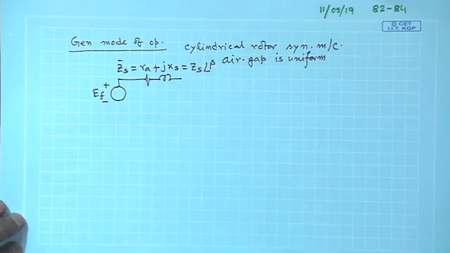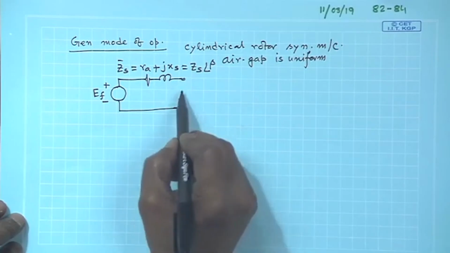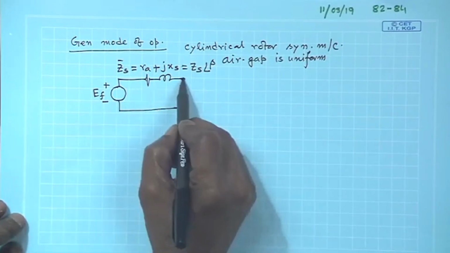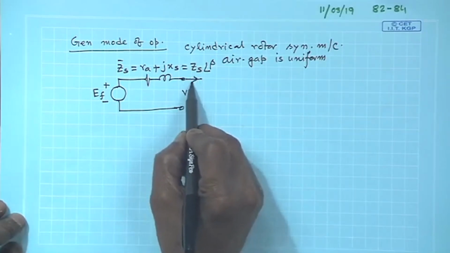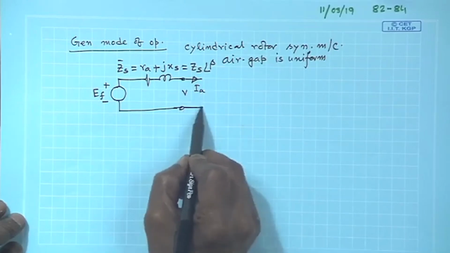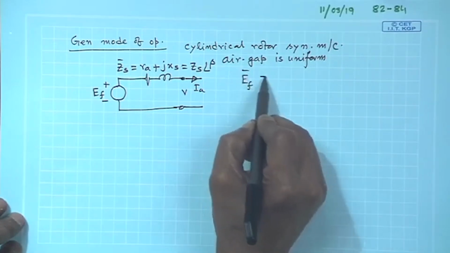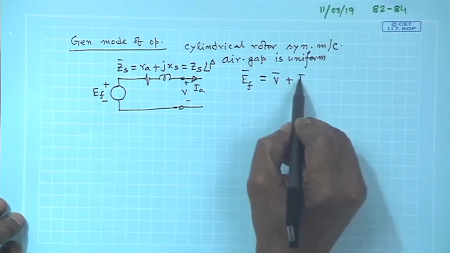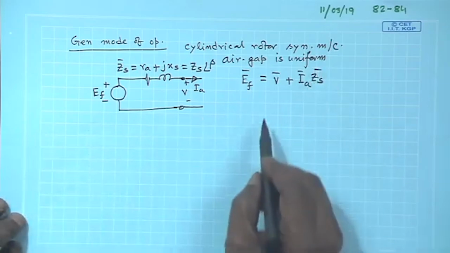Beta will be close to 90 degree, because the value of X S is much higher than R A. And suppose the terminal voltage, this is per phase, all the voltages and currents here, and therefore, in case of generator mode of operation, suppose the generator delivers a current of I A, that is the per phase current, then it is true that E f will be equal to V plus I A into Z S bar, and based on that we did last time.